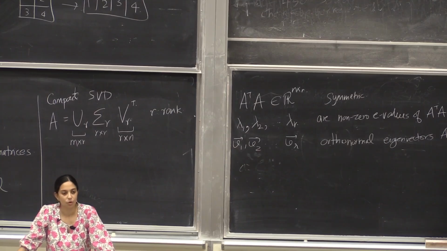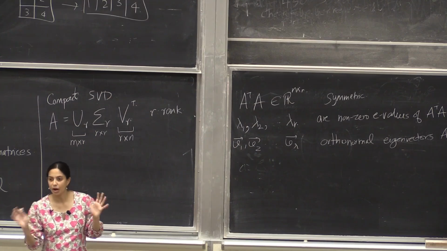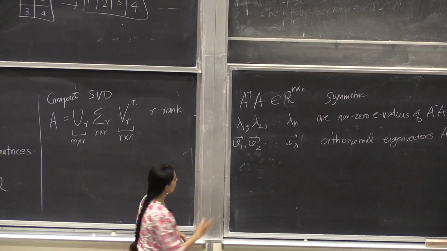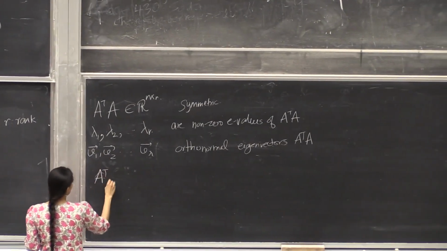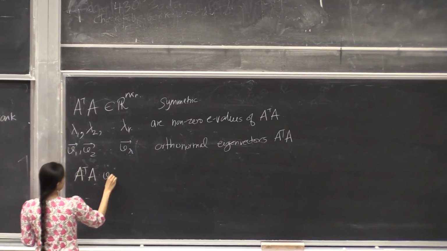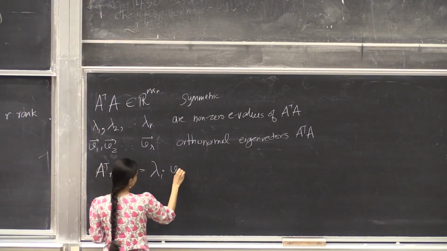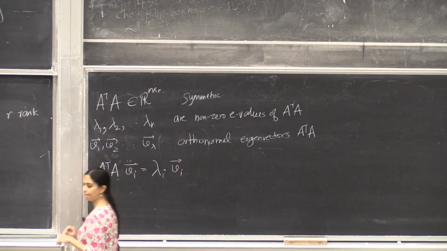So we want to figure out how these fit into this setup. And what I know here is that A transpose A times Vi is equal to lambda i Vi, right?